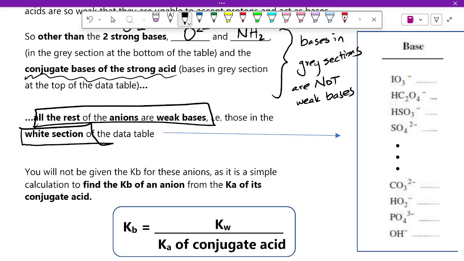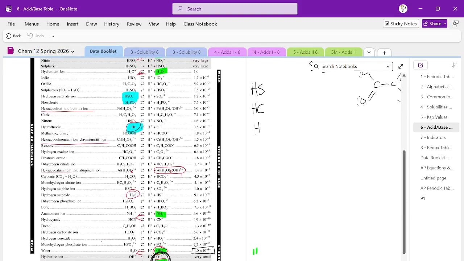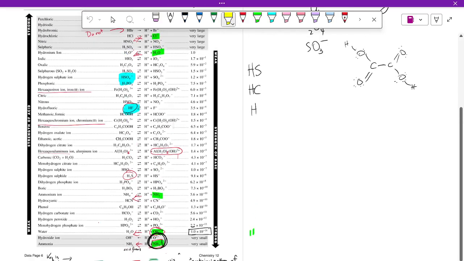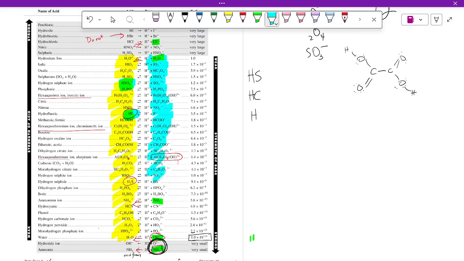This shouldn't be too surprising, because when we were looking at acids, where were all our weak acids? Our weak acids were all the ones in here. That means all of these guys are the weak bases.